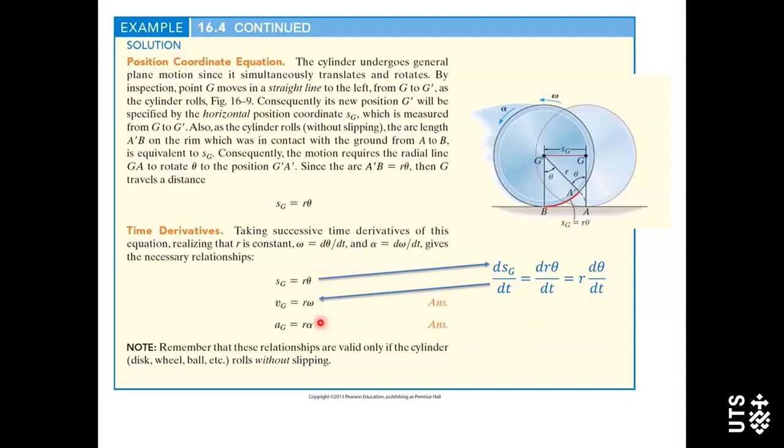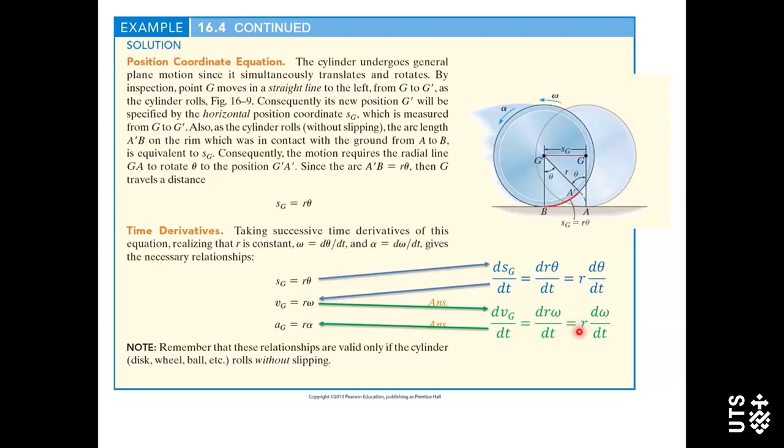Now we do time derivatives on both sides of this velocity equation. On the left side, we have dv_G/dt. This gives us a_G. On the right side is d(rω)/dt.